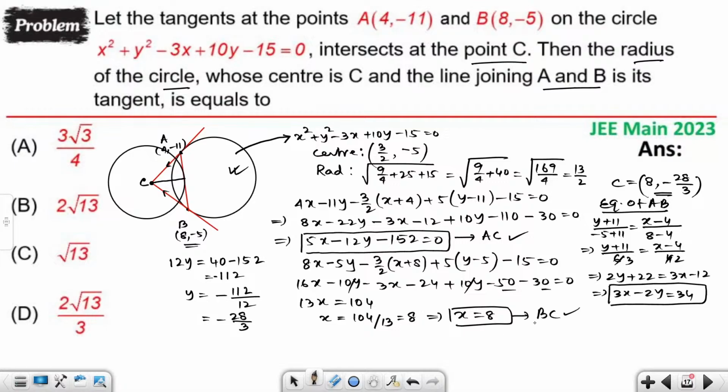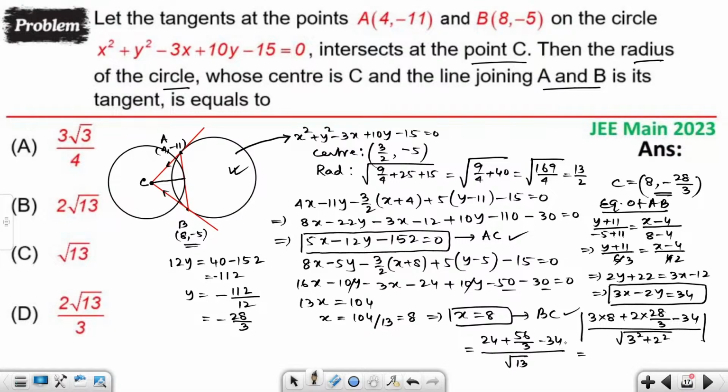So what will be the radius of the required circle? So let me just find it here. Divided by root over 3 square plus 2 square. That's it. So let me just calculate it here: 24 plus 56 over 3 minus 34, divided by root 13.